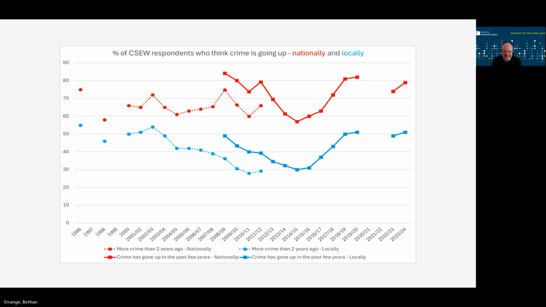And that gap indicates that we probably are susceptible to that sort of media, that commentary that we bathe in every day, that we think that there's a lot of crime, but we perhaps see a bit less of it close to home. And so the perception is it's going up nationally, but perhaps less so locally. The local figure at the moment is probably not a bad guess. It's a bit of a mixed bag.